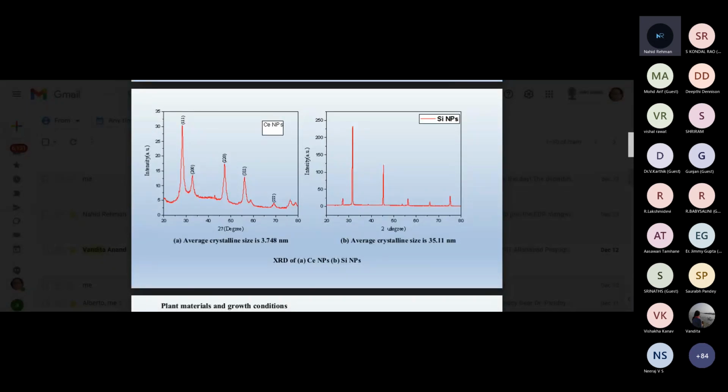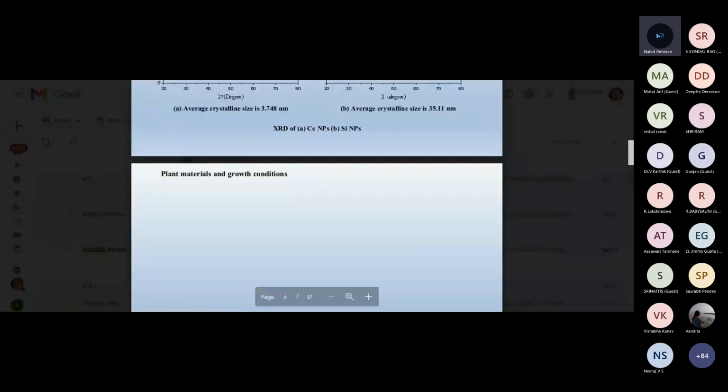And you get these peaks because of the constructive interference of the X-rays when it impinges on the different planes of your nanoparticles. And when they constructively interfere, they give you the signal, and that appears in the form of the peak. And these specific peak positions at the specific theta value identify the planes of your nanoparticle.